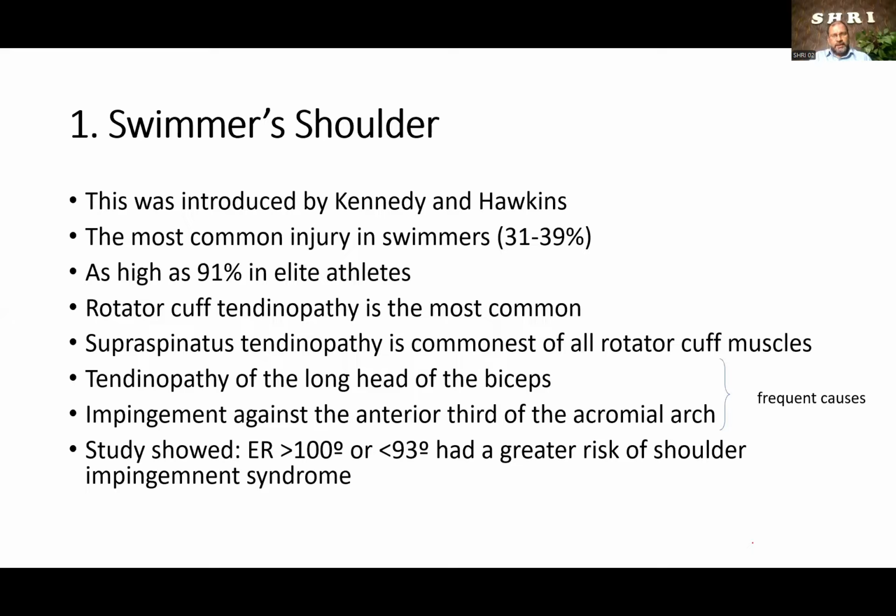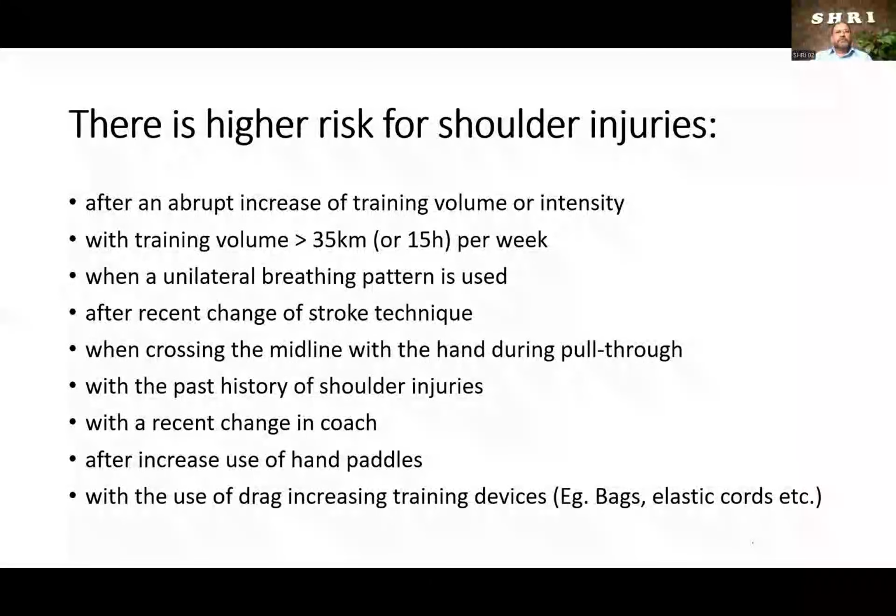If the range of motion is less, then the joint is stiff and we won't be able to perform well. So both are not good. There is a range, and the range of motion should be within that range. So these are the causes or risks for shoulder injuries.